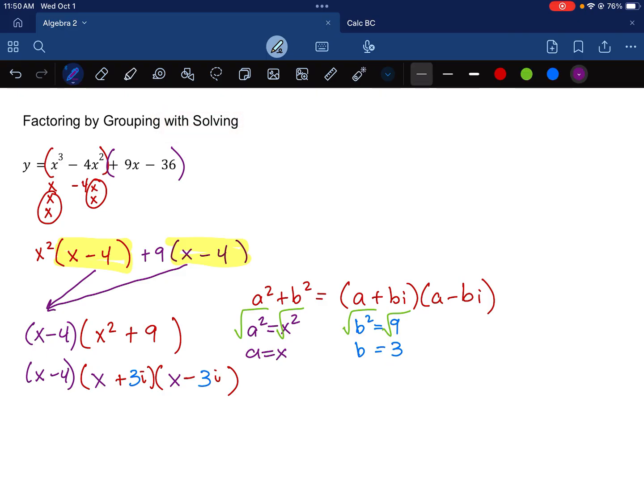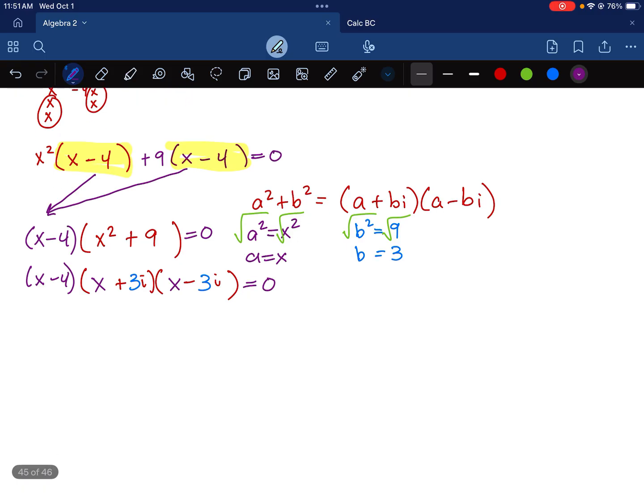So with solving means you set your equation equal to 0 and you keep going. So here, each factor gets set equal to 0 and you solve. So the x minus 4 gets set equal to 0. The x plus 3i gets set equal to 0. And the x minus 3i gets set equal to 0. And now again, you're solving these 3 mini equations.